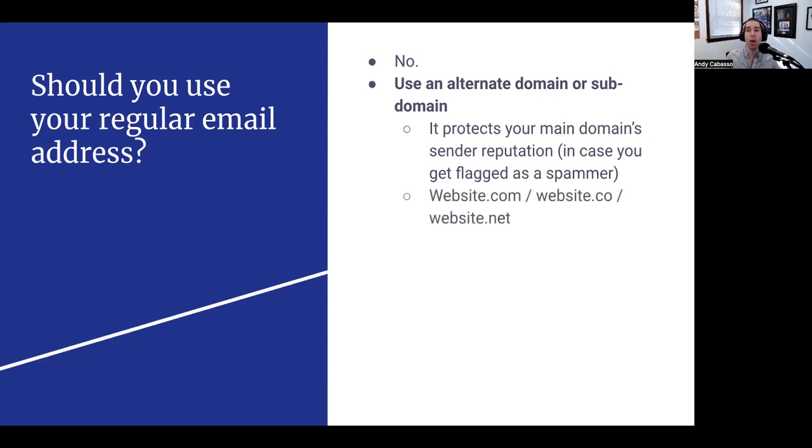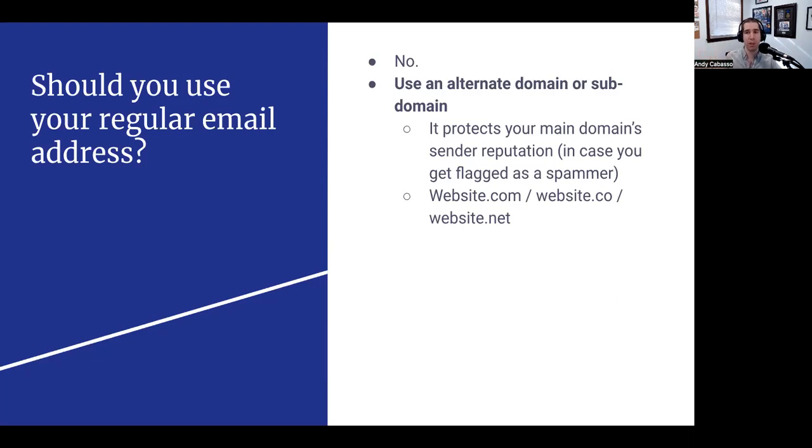So for alternate domains, domains are, in the grand scheme of things, relatively inexpensive. For $9, you can get website.net if you own website.com or .co or anything like that. If your website is multiple words, you could also hyphenate between those words and get the .com.